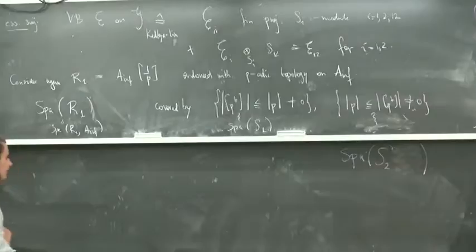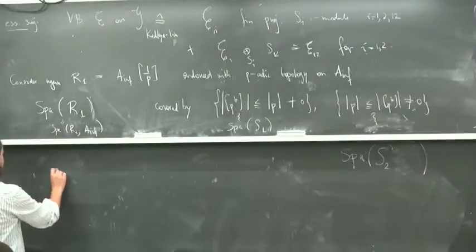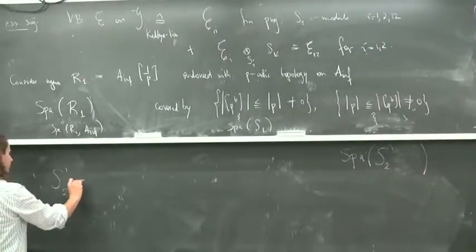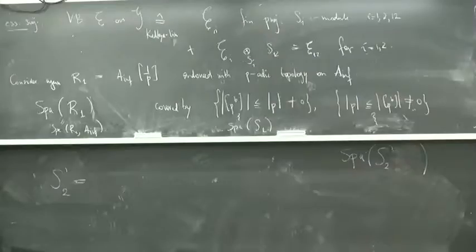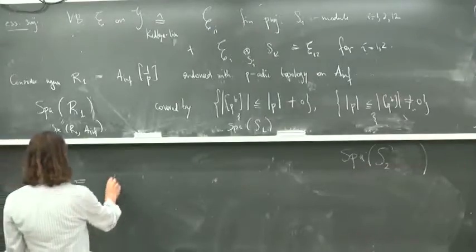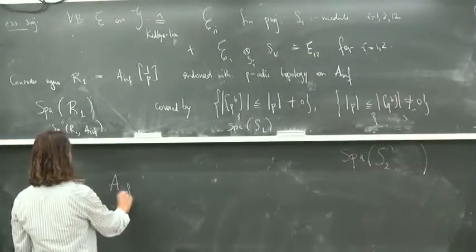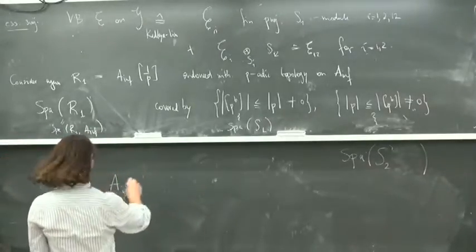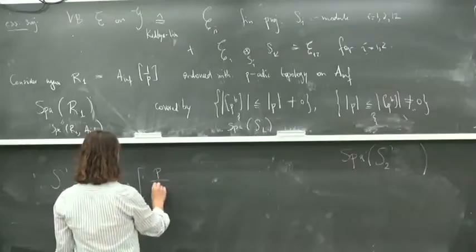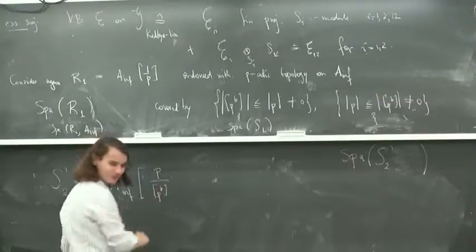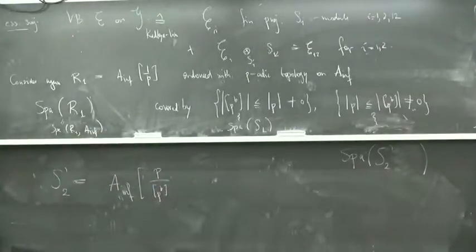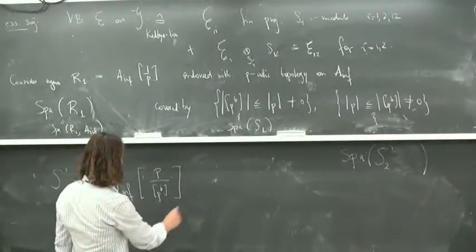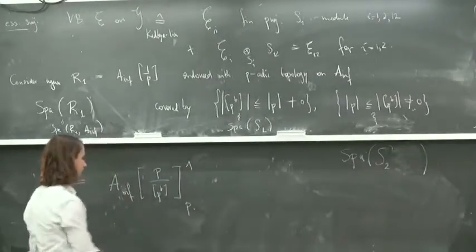Okay. And so what is the abstract definition of S2 prime? The recipe is the following. We take A_inf, we take this open bounded subring here, we adjoin the same element there, and we complete for the p-adic topology.